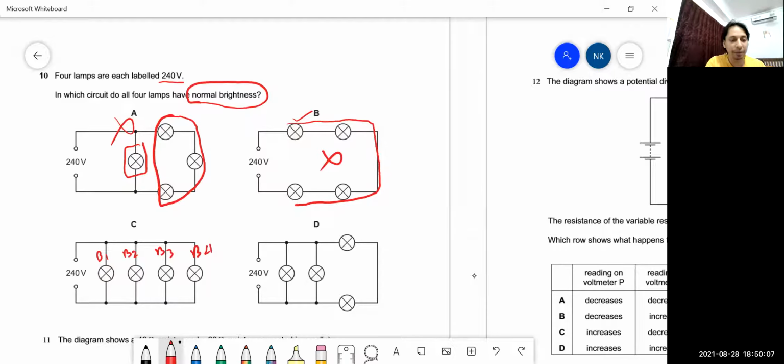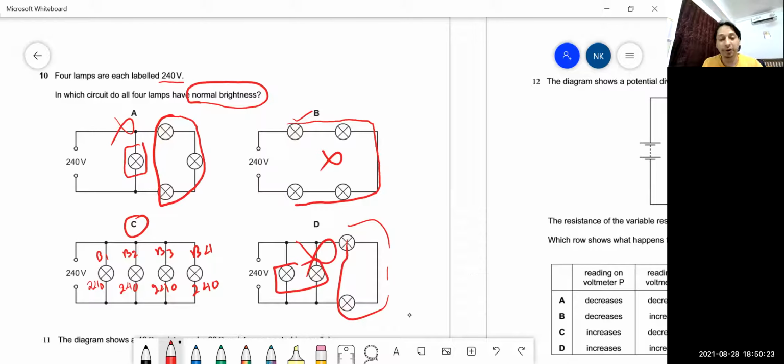If they are connected in parallel, each has the voltage 240 volt, 240 volt, 240 volt, and here it is also 240 volt. So our answer will be C. And in the other option, two bulbs are in parallel and these two are in series, so that's why all of them will not glow with equal brightness. Next, question number 11.